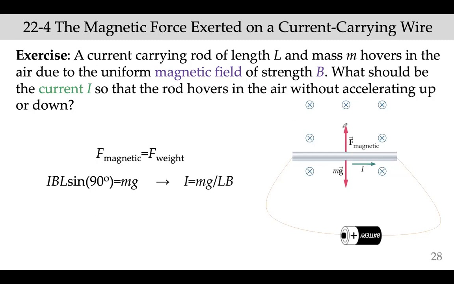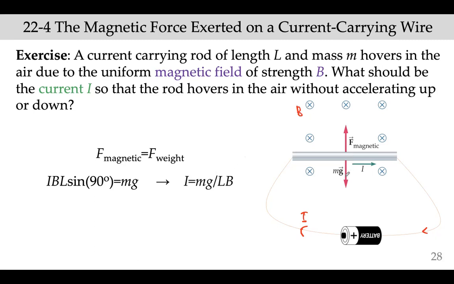Okay, so now in this setup, we have a battery that is connected to this metal with wire. So there's current that comes out from the positive and goes into the negative. So here's the current on this metal. It's flowing to the right. And the magnetic field lines are into the page.